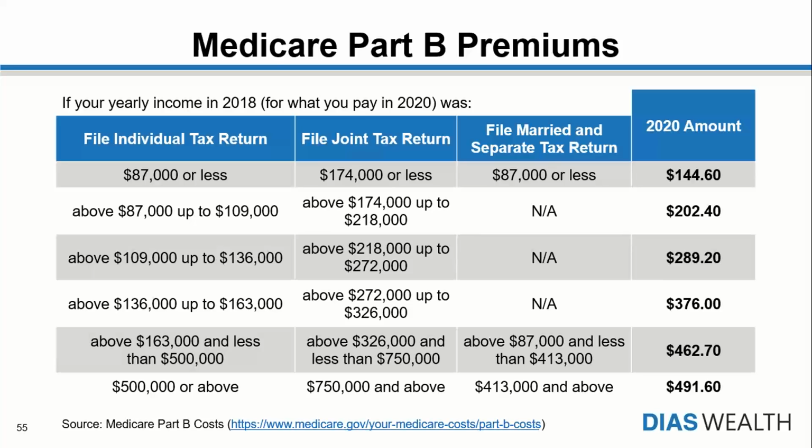The other part that a lot of people do miss out on is the Medicare Part B premiums. So let's just say the adjusted gross income for a couple is $180,000. And let's just say that they could have brought that down to under $174,000 by just making some simple shifts on their income.